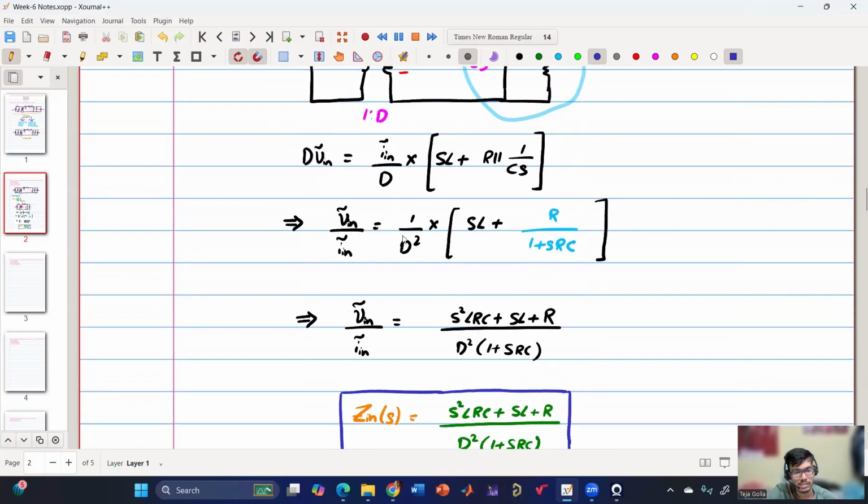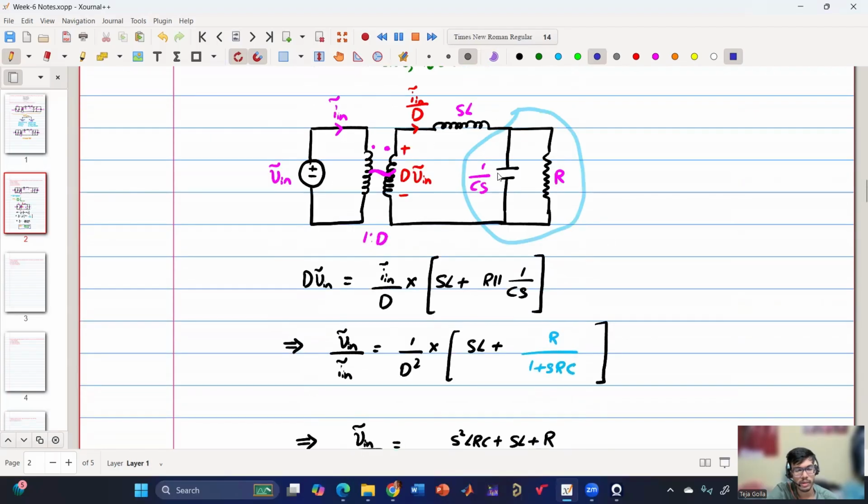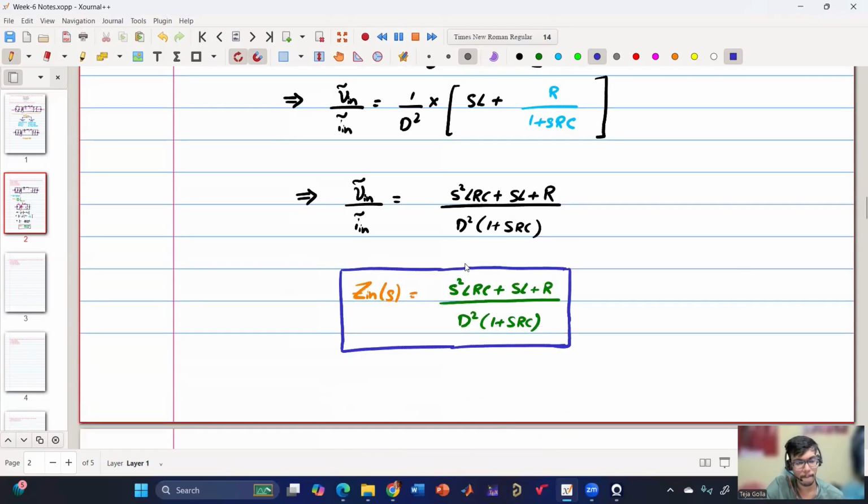We are getting 1 by D square, and this is the actual impedance of the buck converter output side, which is inductance in series with the capacitor and resistor which are in parallel. So is this clear until this point? Yes, sir, clear. For everyone, Arun and Naveen as well? Yes, sir, it is clear.